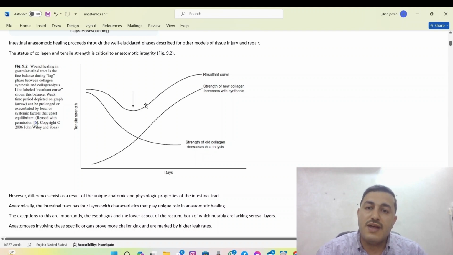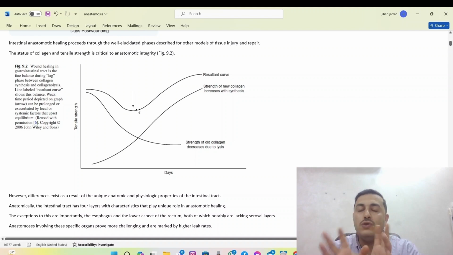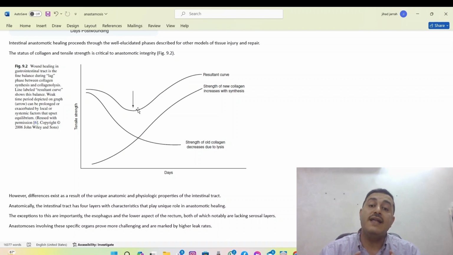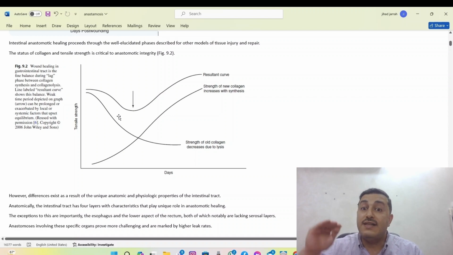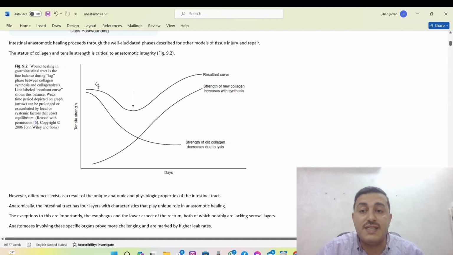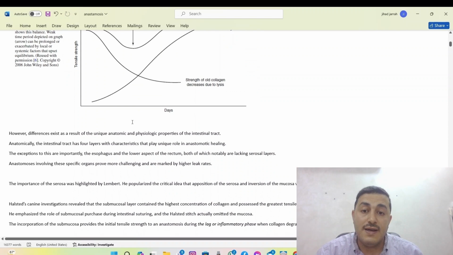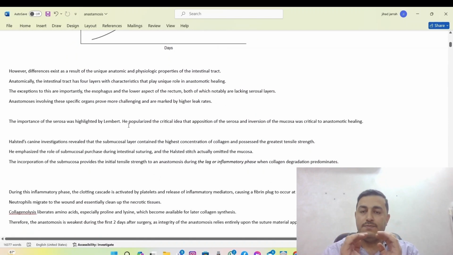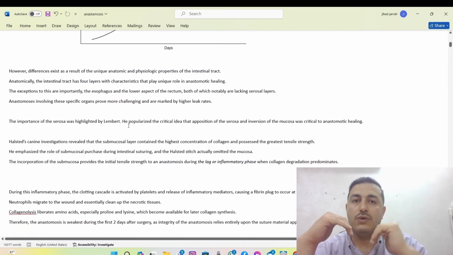In the resultant, final curve of the tensile strength, we have a drop at about 1 to 2 days. This is the weakest time for the anastomosis and depends only on the sutures that we made. So we have destruction of old collagen and production of new collagen, and the result of this is the lag phase here.